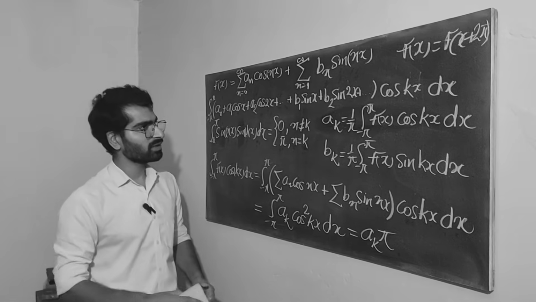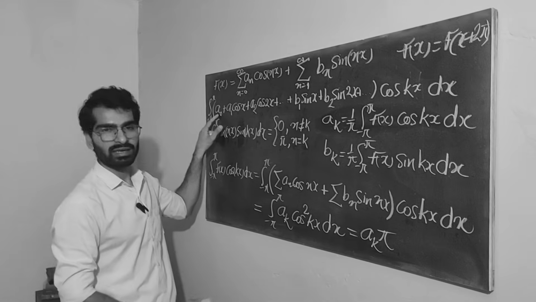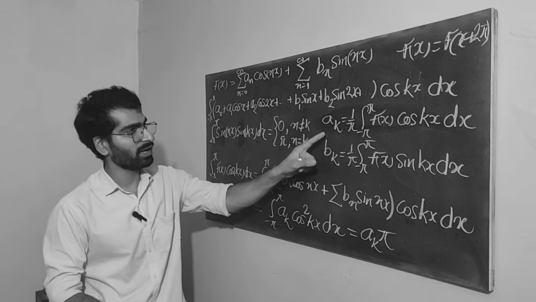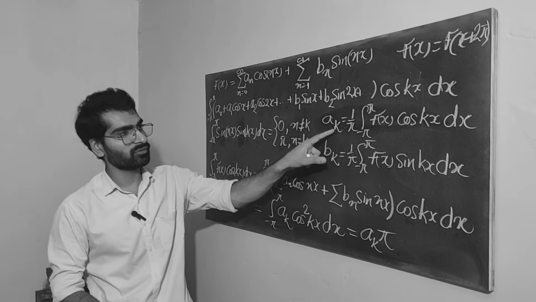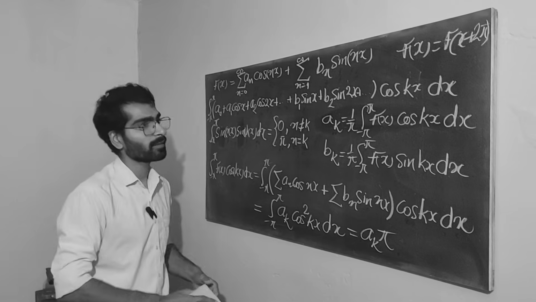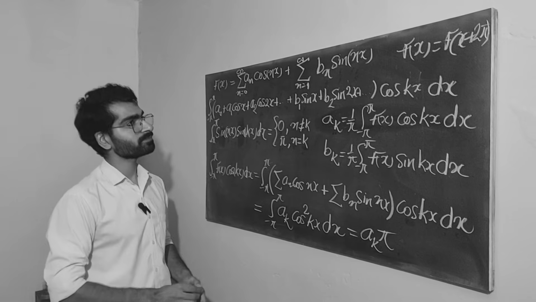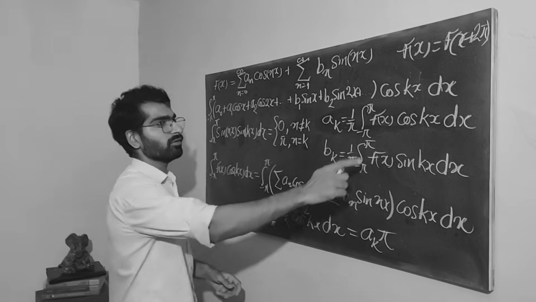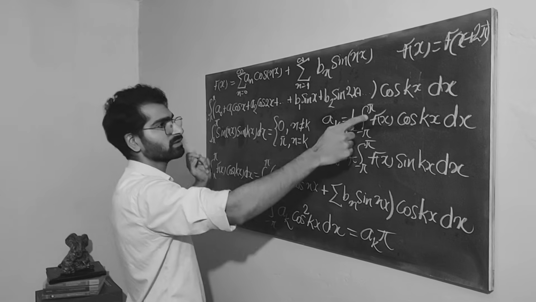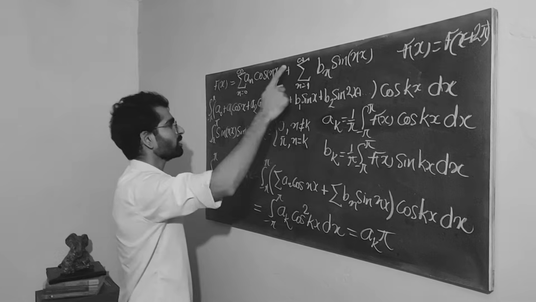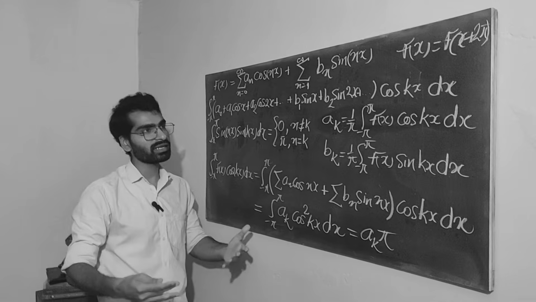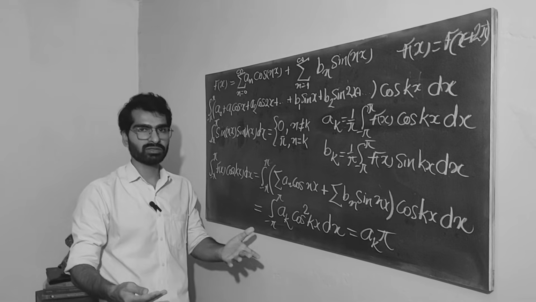But there's a different formula for a0, and that's what we have to find. You cannot find a0 from here. No, we have a slightly different formula. And so remember, when I was multiplying this function f of x, this is f of x, this was coming right here, and when I integrate this single cosine kx wave, it was giving me 0.